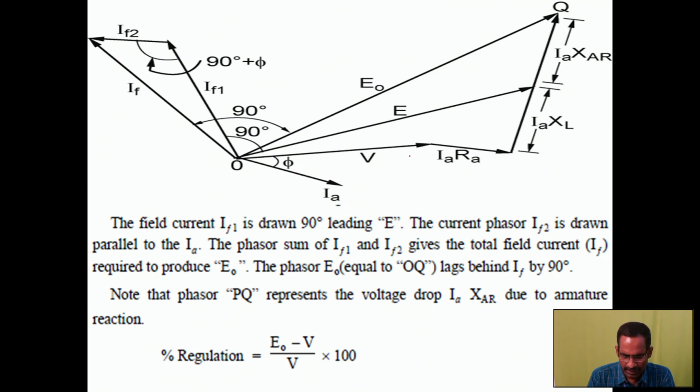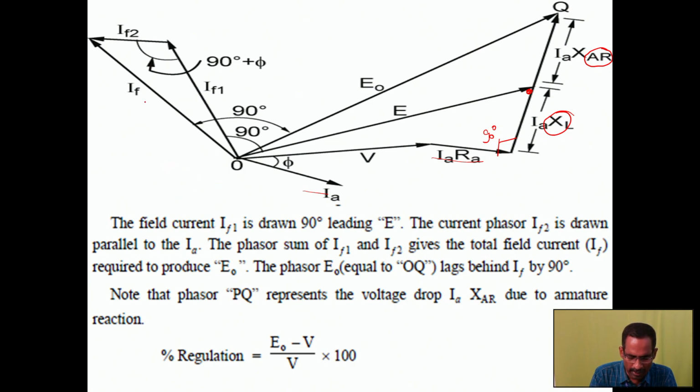Voltage phasor is taken as the reference. IA lags behind the voltage. This IA RA drop is drawn parallel to this IA phasor. It is the IA into XL, leakage reactance drop, which I will be drawing at 90 degrees perpendicularly. From this point to here, if I am joining, it is E. Then if I am considering the armature reaction effect, then it is our E0 value.